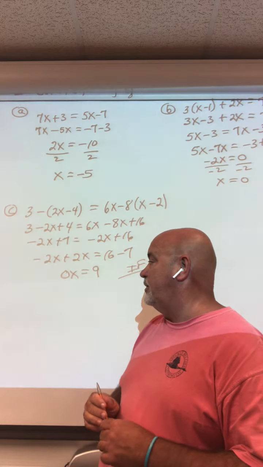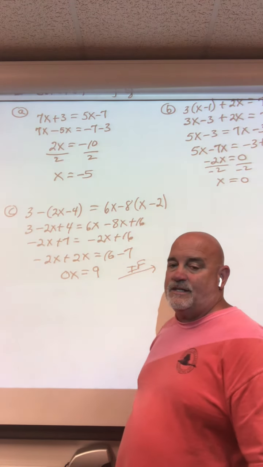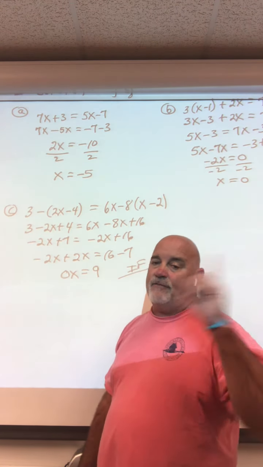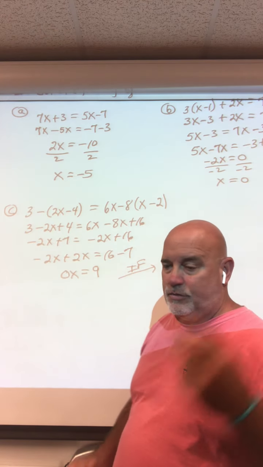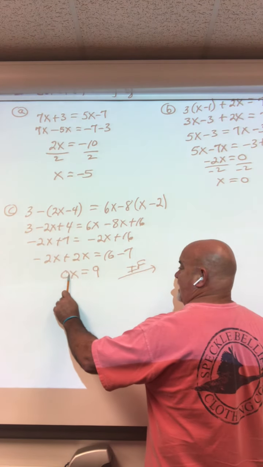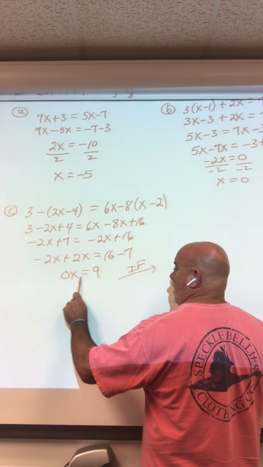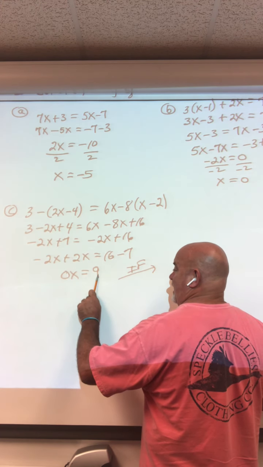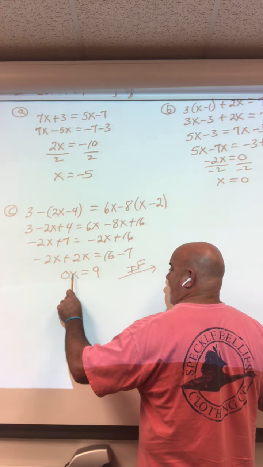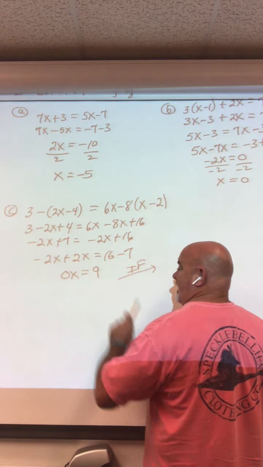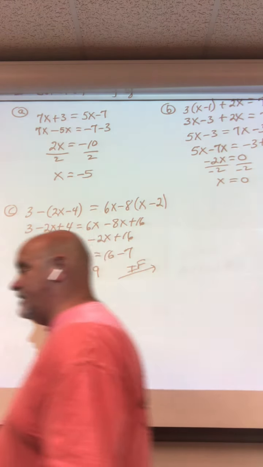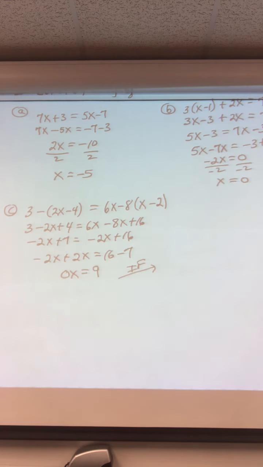Now, how do you know which one? I told you to read this and see if the answer is everything works or nothing works. Well, let's read it. This says 0 times what is 9? Can you take 0 times anything and ever get 9? No. So in this case, it's no solution.